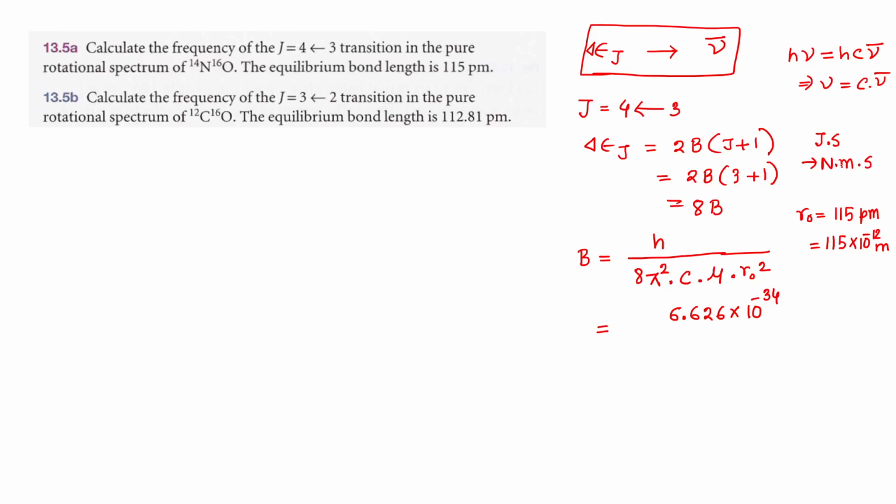Newton is your force, and you are doing some displacement on some object, so force into displacement is your work done, right? So joule is Newton meter into second. Again, Newton is your force according to Newton's second law, force is mass into acceleration. So mass is kg, acceleration is meter second to the power minus 2, then meter and second are there, so ultimately you can write kg meter square second inverse.